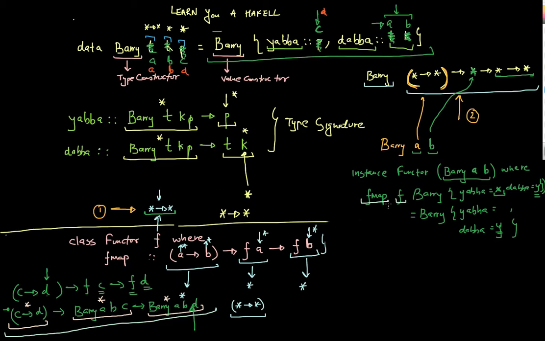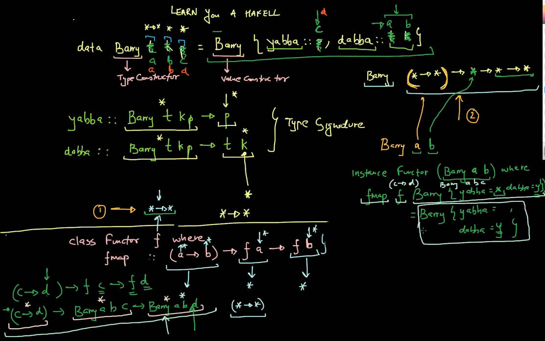What is f here? f is some function that goes from some type C, giving me back some value of type D. Then using pattern matching, I have some value over here that happens to be of type Barry A, B, C. And finally, I'm going to give back some value of type Barry ABD. That Barry ABD is this entire piece right here.